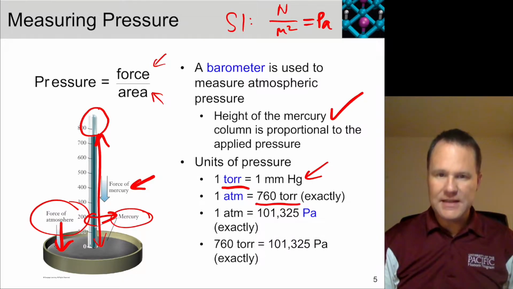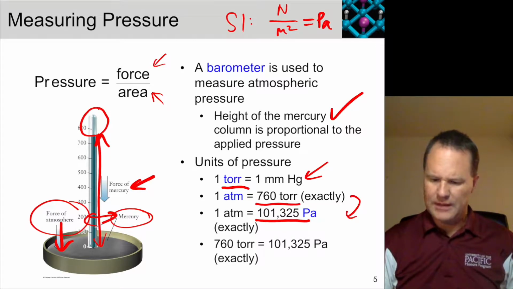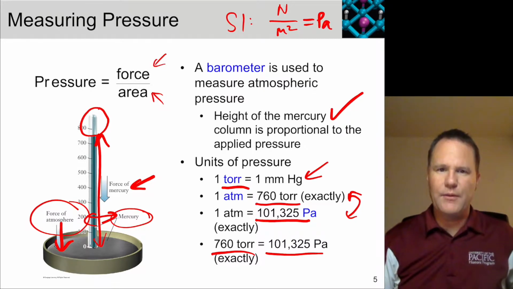Now, this is also defined based on the SI system. So 101,325 pascals, or newtons over square meter, is exactly 1 atmosphere. So this will also give you a connection between torr and atmosphere, because 760 torr is 101,325 pascals.